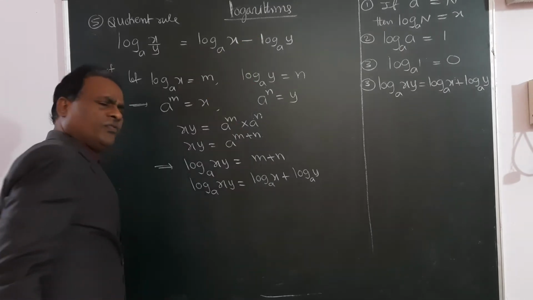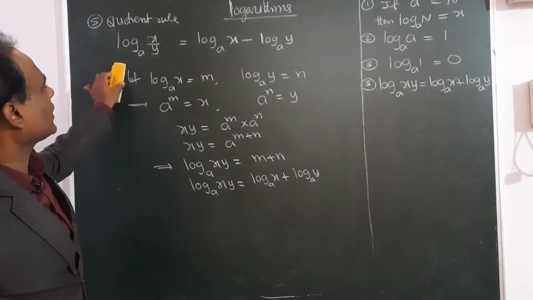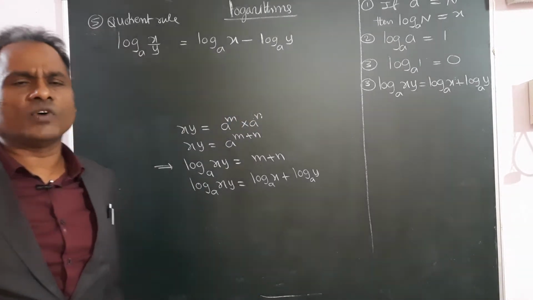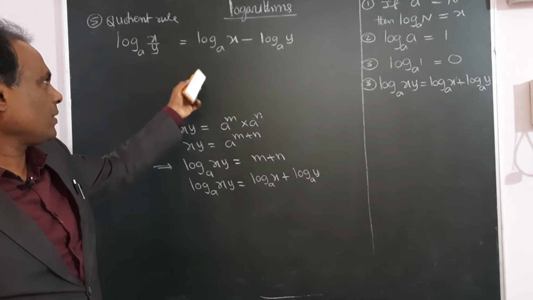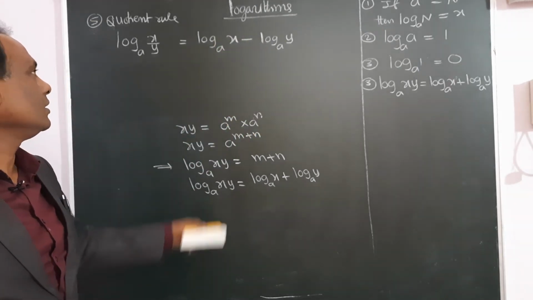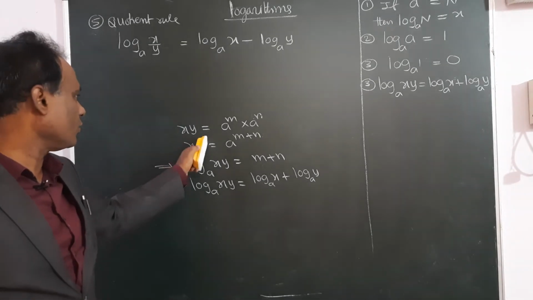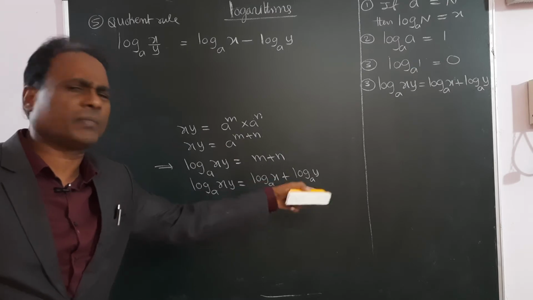Same way you can prove this. But it is not necessary, you can remember the formula, otherwise you do it on your own, it is homework. Same way you take log x to base a as m and log y as n and divide m by n, that is x by y. Instead of x into y, here you take x by y, then this will become minus, that's all.